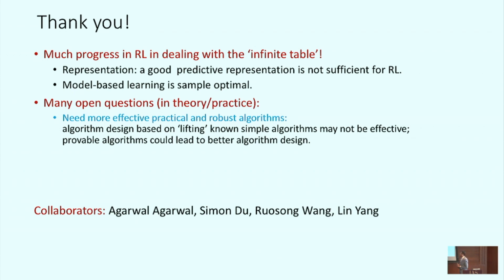And I think as we've seen from these talks that in RL, having more provable algorithms really might lead to better practical algorithms, because this approach of just lifting simple algorithms which work in a tabular case to the general case is fraught with a lot of difficulties.